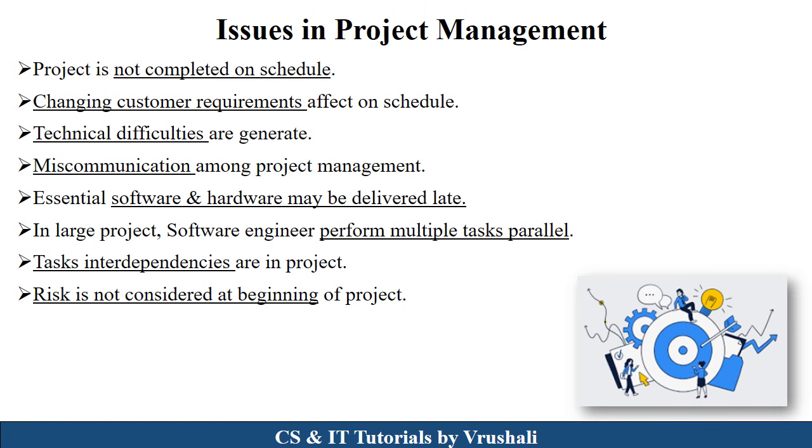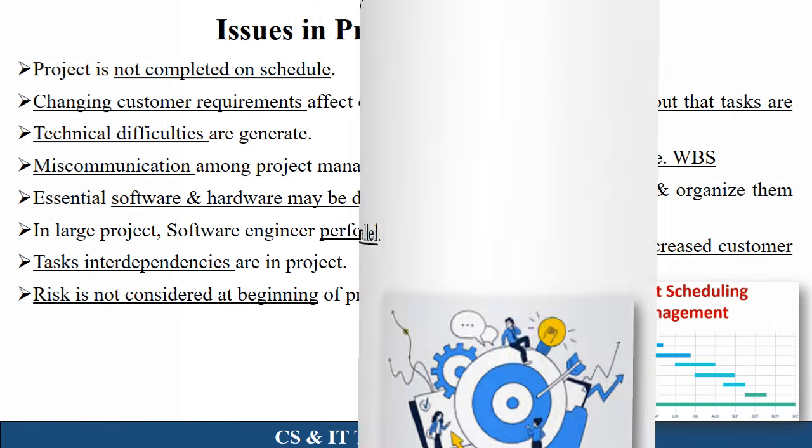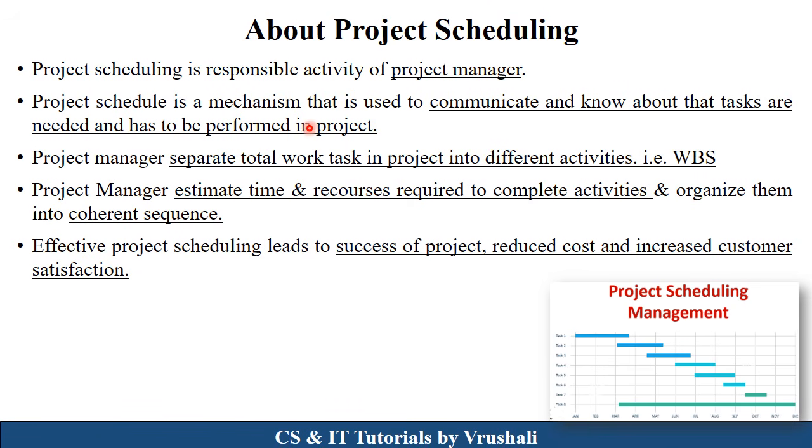Now let's understand what project scheduling is. Basically, project scheduling is an activity performed by the project manager in the planning phase of the software development lifecycle. The project manager separates the total project into different activities. Basically, they create a work breakdown structure. In the previous session, we discussed work breakdown structure in detail.